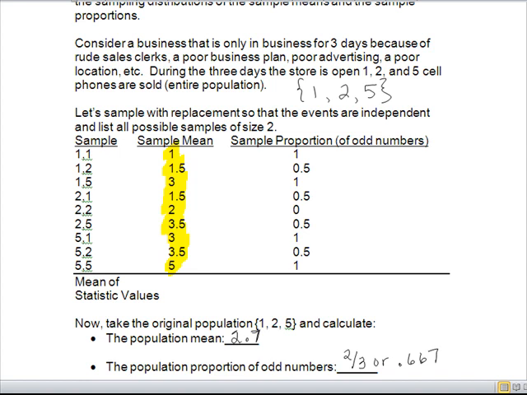And there's 1, 2, 3, 4, 5, 6, 7, 8, 9 sample means that we're working with. So I want to divide 24 by 9, and I get 2.666 repeating, so 2.7.